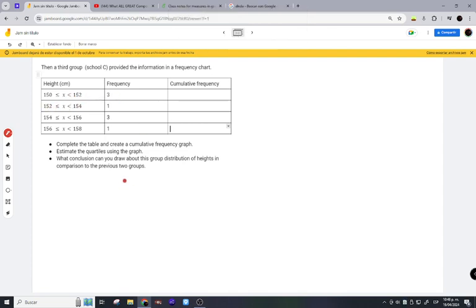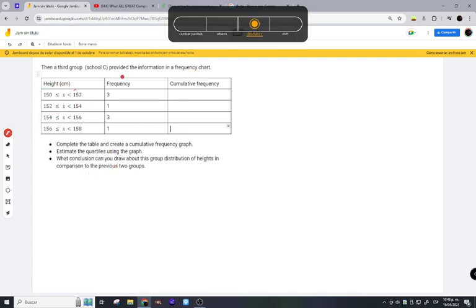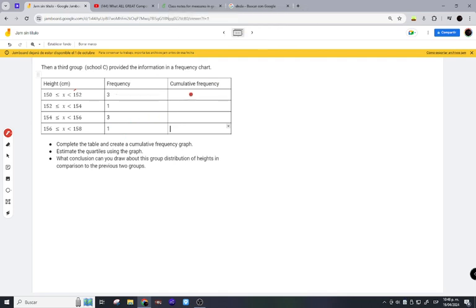What are their exact heights? We don't know. We just know they are in this range. So, frequency 3. Cumulative frequency still 3.